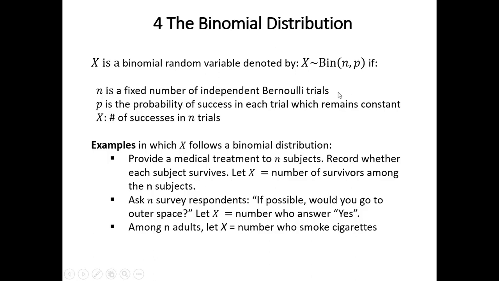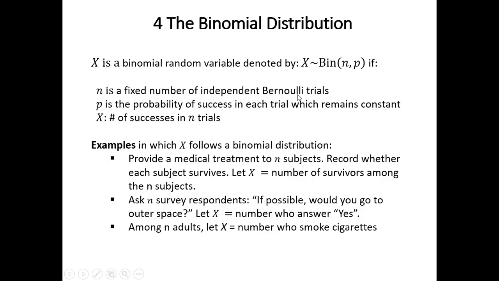So these are trials that can result in either success or failure outcomes. p is the probability of success in each trial, which remains constant from one trial to another. Now X is the number of successes in n trials.